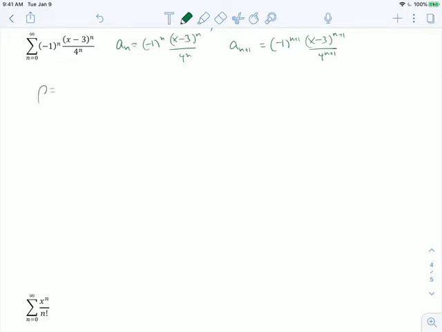So rho is going to be the limit as n goes to infinity of the absolute value of a sub n plus 1 over a sub n. As I've been doing, I'm going to write this immediately as a product of fractions.